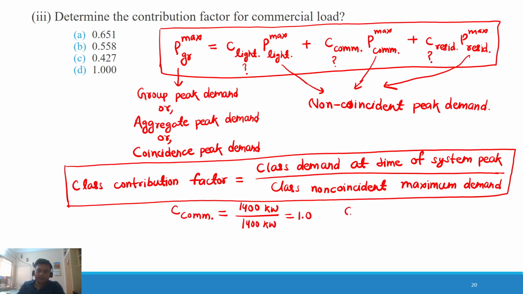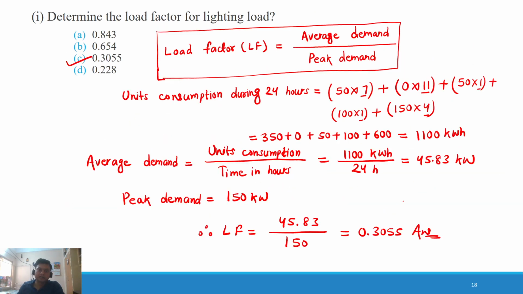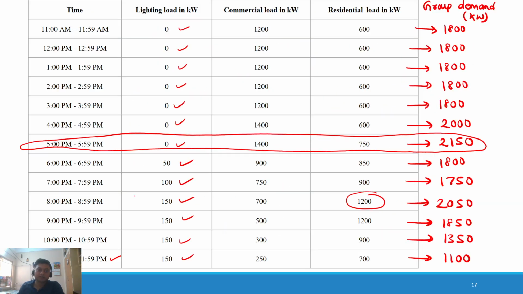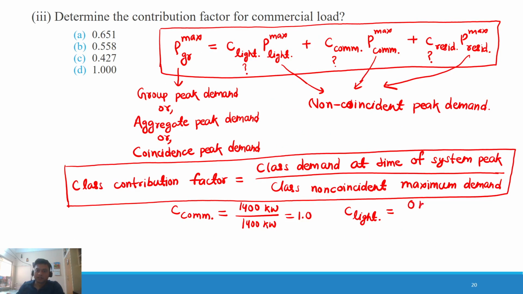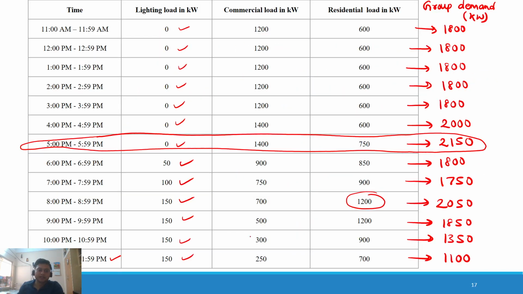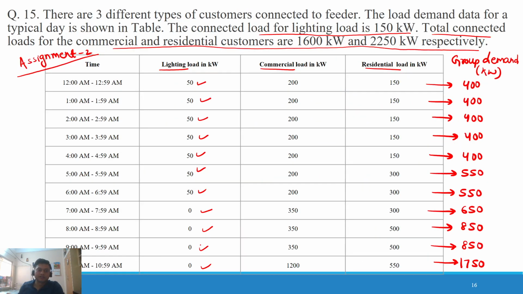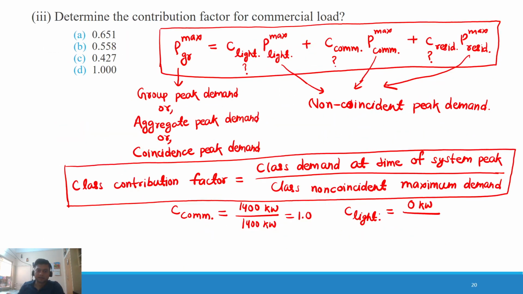Similarly, we can find the contribution factor for lighting load. First we need to find out the power demand at the time of system peak, which is 0 kilowatt. So the numerator is 0 kilowatt and the class non-coincidence maximum demand is 150 kilowatt. So 0 over 150 kilowatt will give you 0.0.